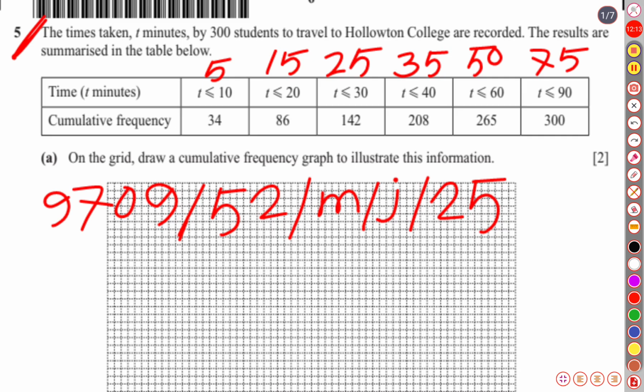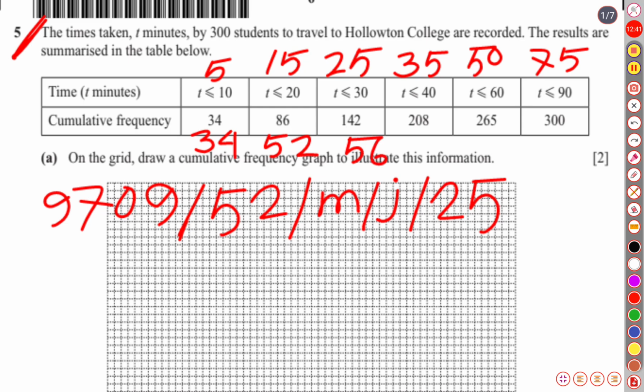Now we will have to find frequencies. They have given the cumulative frequency. So first frequency is 34. Second one, from 84 if we subtract 34, is 50. Third frequency, from 142 if we subtract 86, is 56.